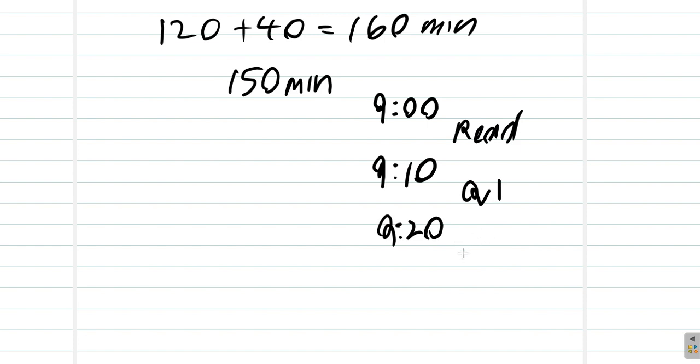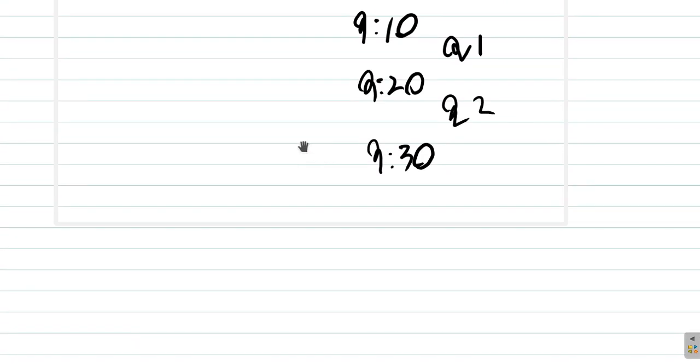Right? So at 9:20, you start question 2 until 9:30. Then as you move on, the questions get harder, so you can give yourself 15 minutes for each of the other questions. So between 9:30 and 9:45, you do question 3.